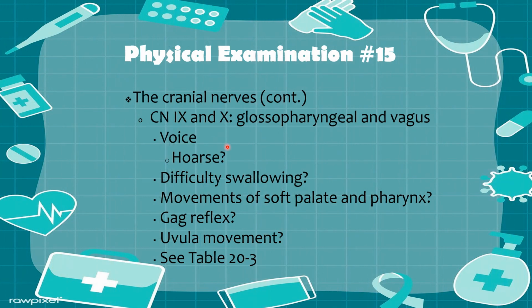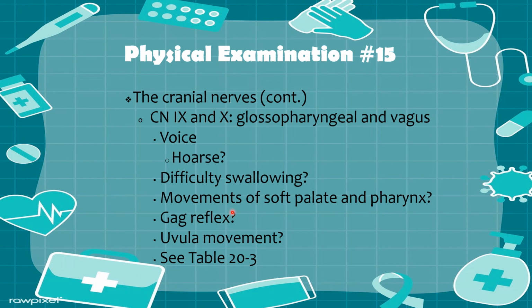Okay, so to test for cranial nerve number 9 and 10, the glossopharyngeal and vagus nerve, you listen to the patient's voice. Is it hoarse or does it have a nasal quality? So hoarseness in vocal cord paralysis and nasal voice in paralysis of the palate. Is there difficulty swallowing?